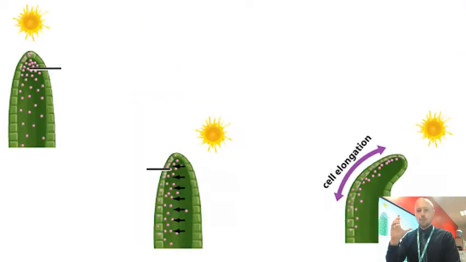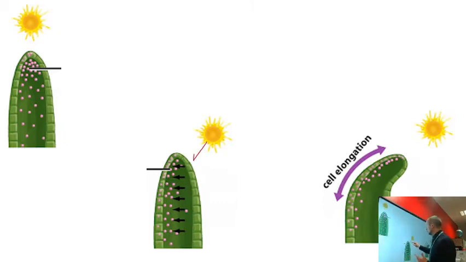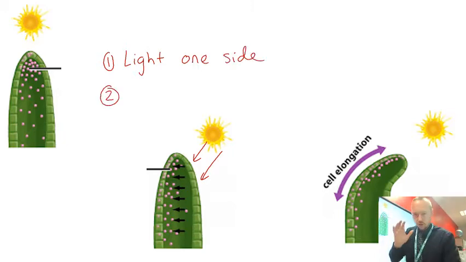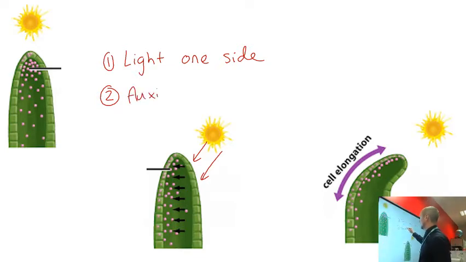A more complicated way of looking at this is, imagine plants growing on a window. Hopefully you'll know that plants will grow towards the window. So why is that happening? If light is on one side of a plant, what happens is the auxins move away from light, and that's a key point.